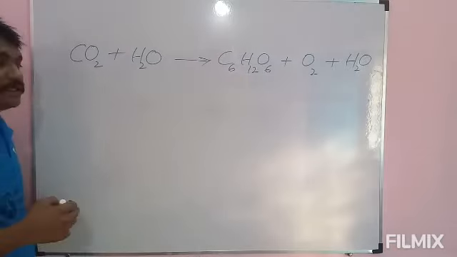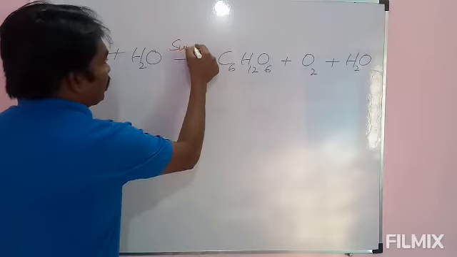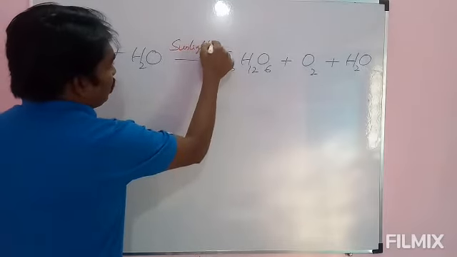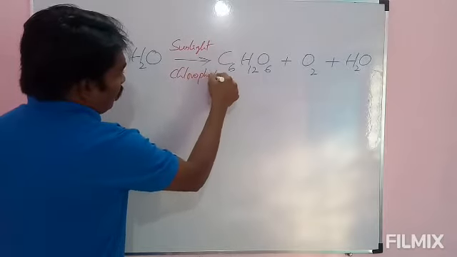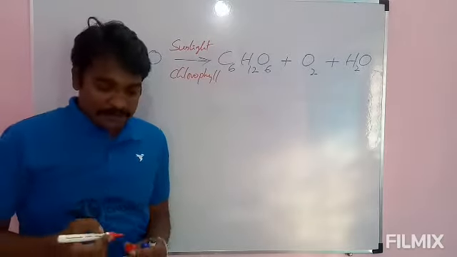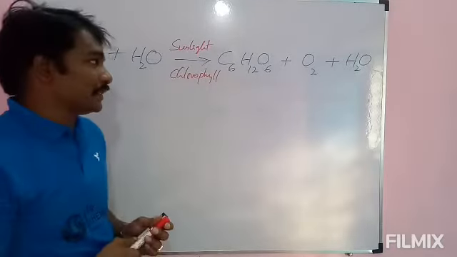See here, the process is taking place in presence of sunlight and chlorophyll, that's why I am writing the special features on the arrow mark. Chlorophyll is a special green colored substance present in plants. You already studied it in your life process lesson.